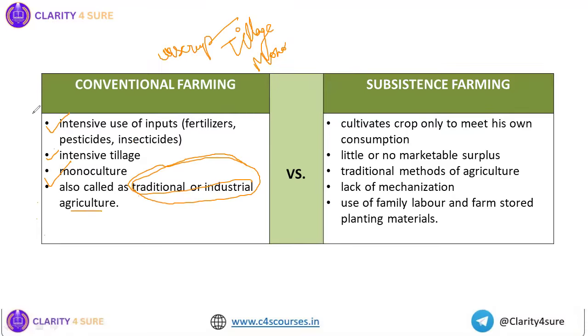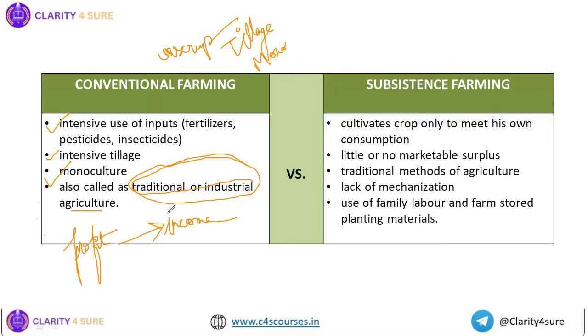Now, what is the major aim behind this conventional farming? It is profit earning, right? That is why they go for unscrupulous use of inputs, tillage and monoculture. Why? So that they can have a lot of profit, a higher income.